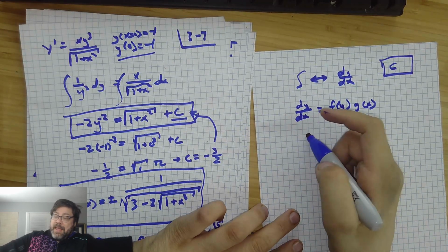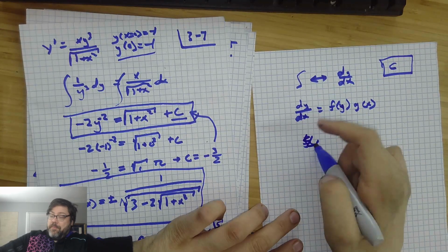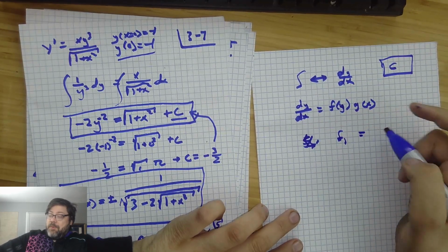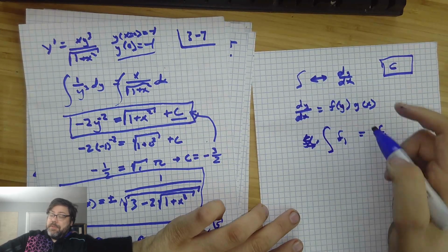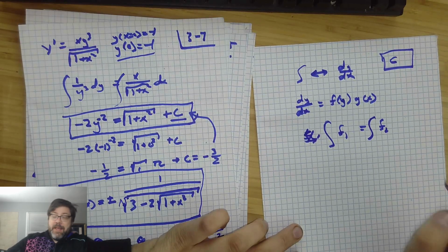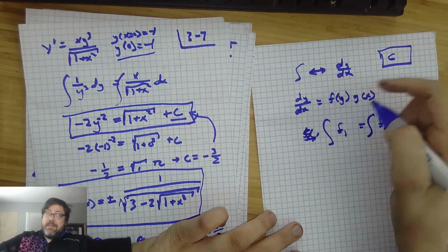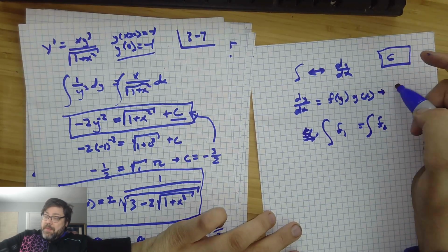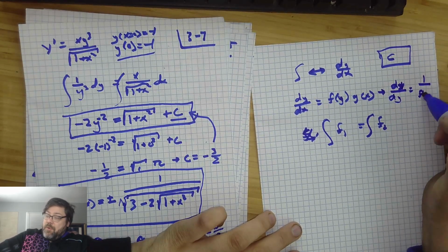We've learned that if two functions, let's say f1 equals f2, if these two are truly equal, then the integrals of these two are truly equal. We've also learned the inverse function theorem of calculus, and that's to say if this is true, then I can flip this over and say dx/dy equals 1 over f of y g of x.